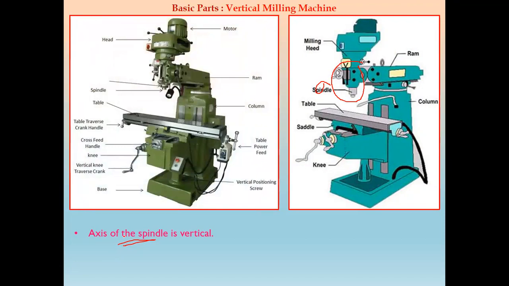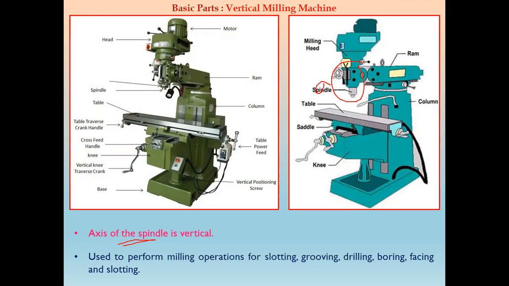So this axis is vertical, and generally the vertical milling machine is used for operations like slotting and grooving. It is also used for operations like drilling, boring, facing, and slotting.